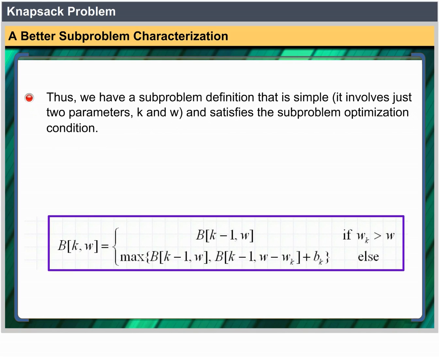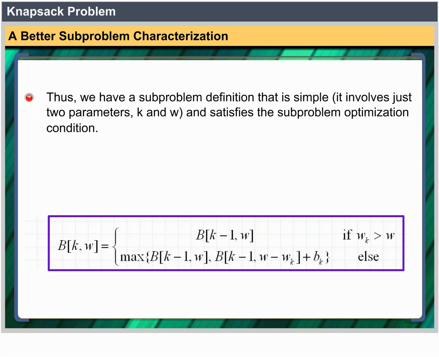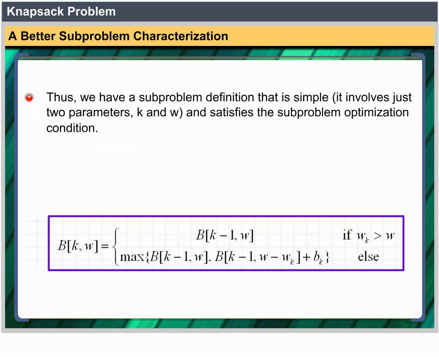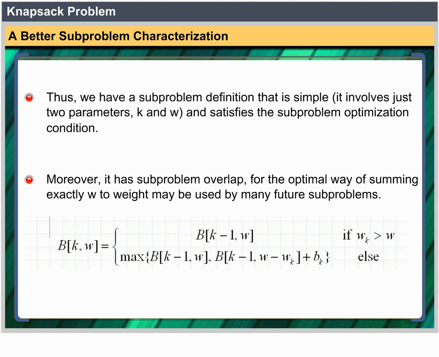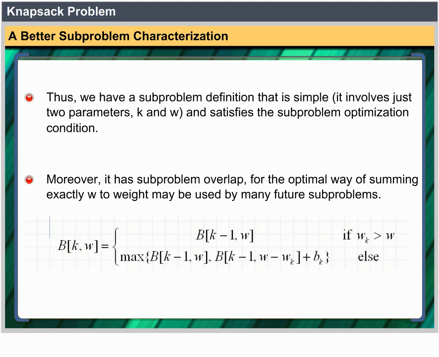Thus, we have a subproblem definition that is simple. It involves just two parameters, k and w, and satisfies the subproblem optimization condition. Moreover, it has subproblem overlap, for the optimal way of summing exactly to weight w may be used by many future subproblems.